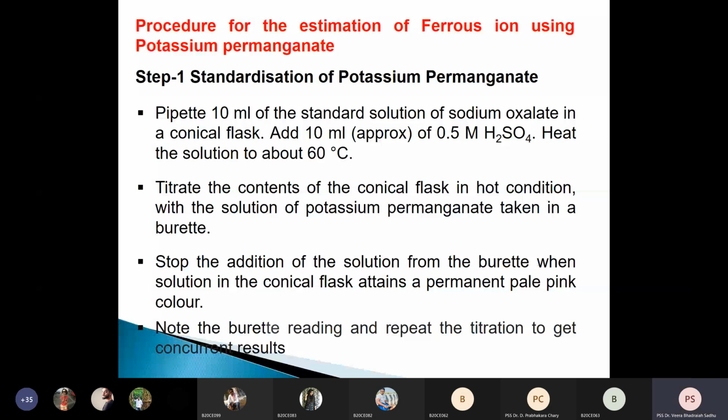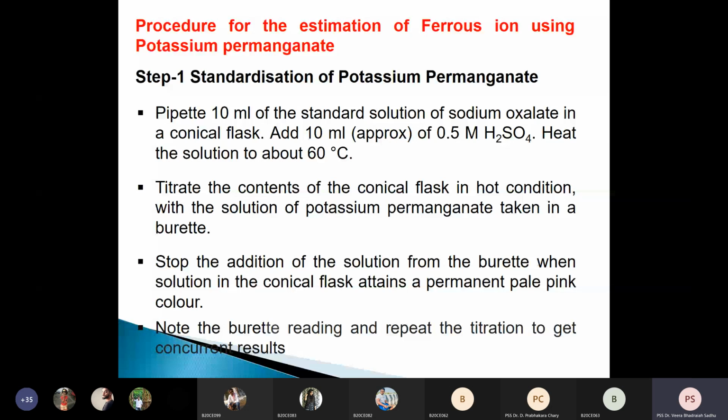In the previous cases, we have used methyl orange and phenolphthalein, whatever indicator. So why? Because those solutions are colorless, in order to determine the end point. The solutions in the burette as well as in the conical flask are both colorless, so that is why you have used indicators.